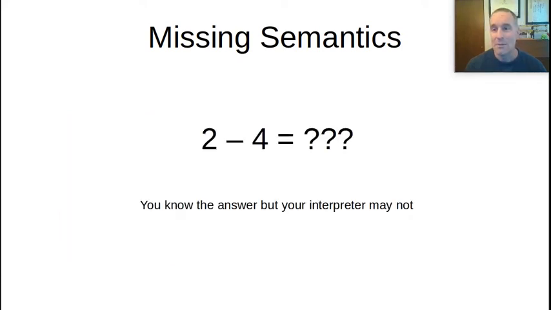Similarly, maybe you have the right symbols, but your symbol system computation, your simulation, is impoverished. So if you don't have negative numbers and you take 4 away from 2, well, you as a human may know the answer, but your symbol system may not.